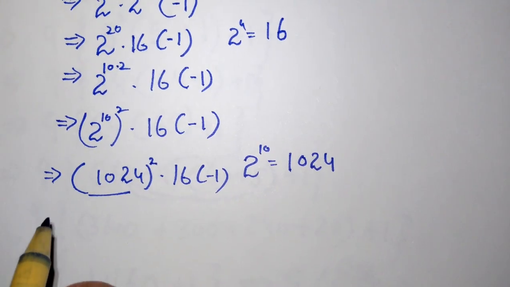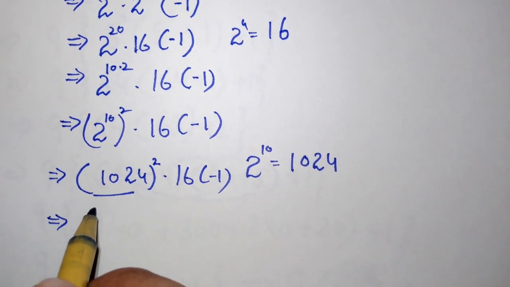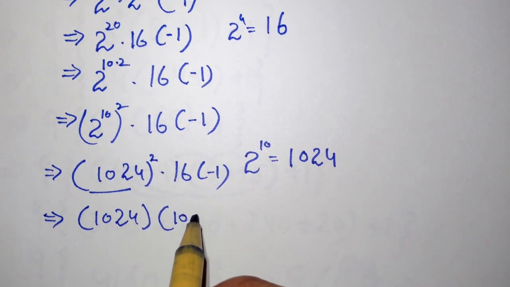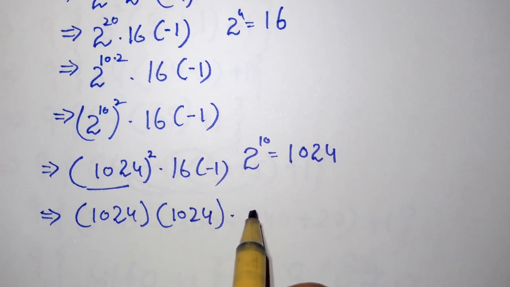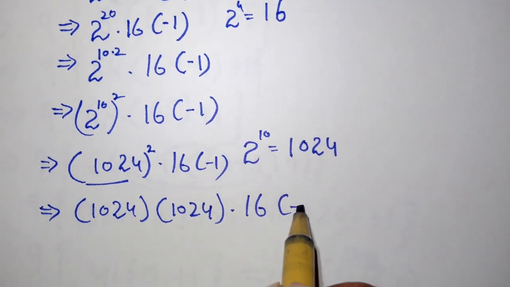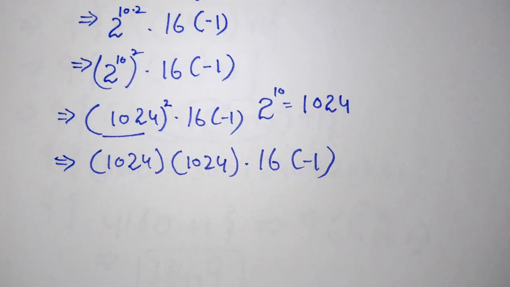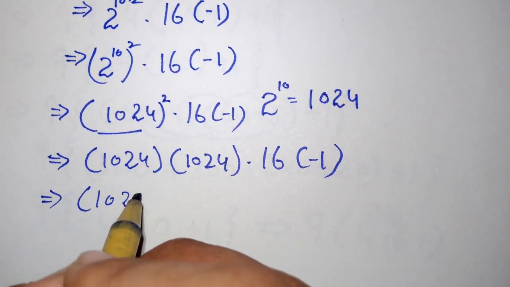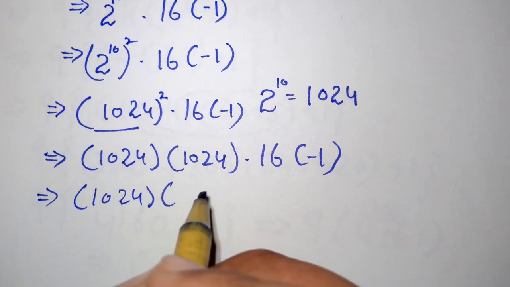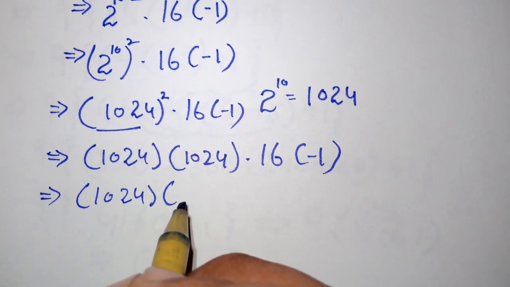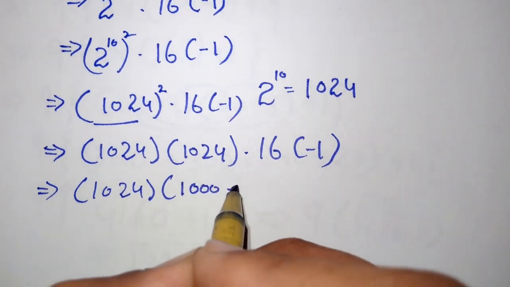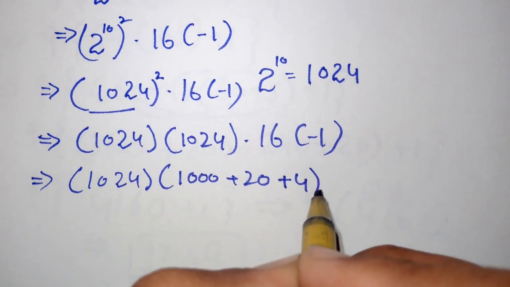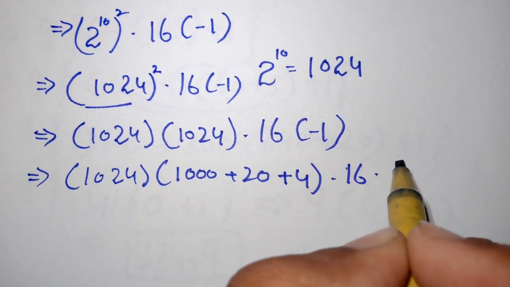So we will apply the second method. 1024 times 1024 times 16 times minus 1. 1024 bracket, this can be written as 1000 plus 20 plus 4, times 16 times minus 1.